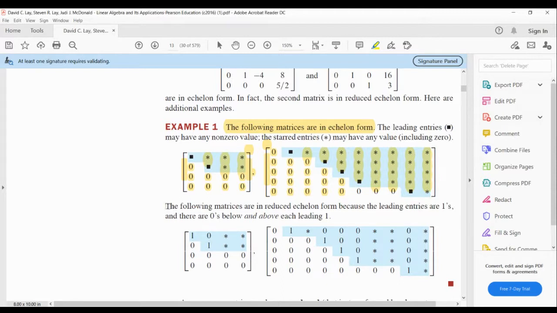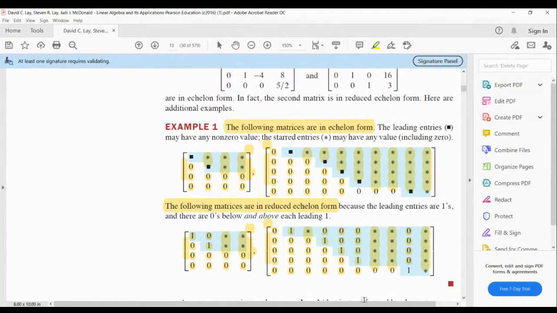Now, if we continue in example 1, it says the following matrices are in reduced echelon form. For reduced echelon form, there are 2 more criteria. The leading entry in each non-zero row has to be a 1. That is necessary for a reduced echelon form, and you can see that's true with these 2 matrices.